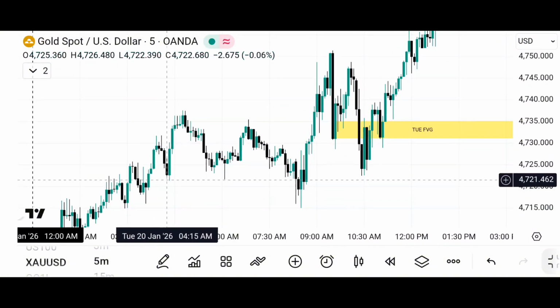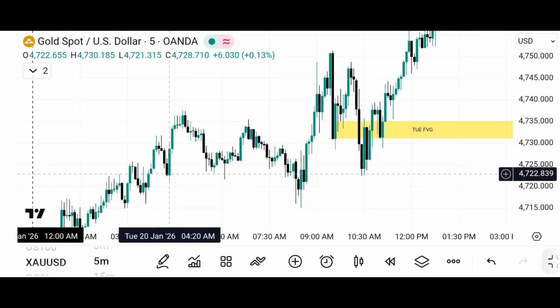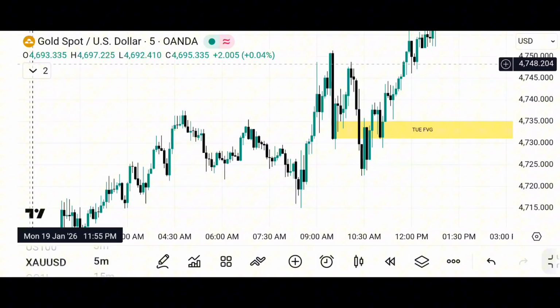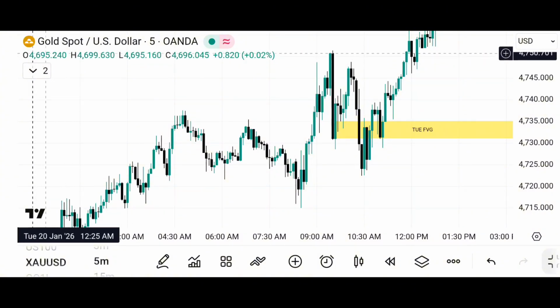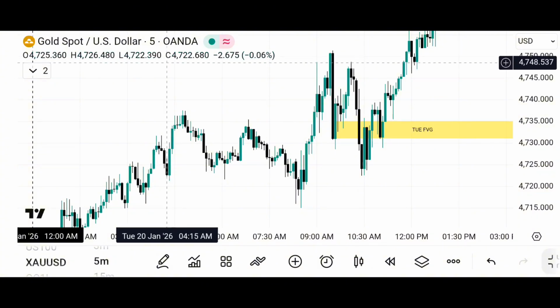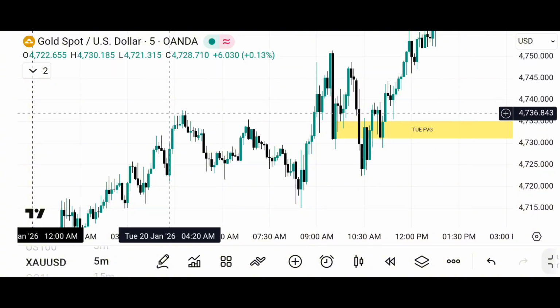See these lows right here. This one, and this one. This is the low of this candle. Look at the top left of the screen. You see open, the O represents open, H represents high, L represents low, and C represents close. Now look at the low of the candle.